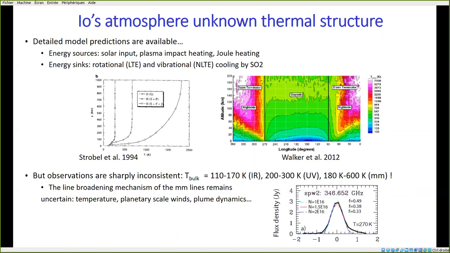The millimeter observations are potentially very rich in information because they do resolve the lines spectrally. But unfortunately, we still do not understand well the physical mechanism that causes their shape. In fact, it's not really understood whether the lines are broadened by temperature effects or by velocity fields.